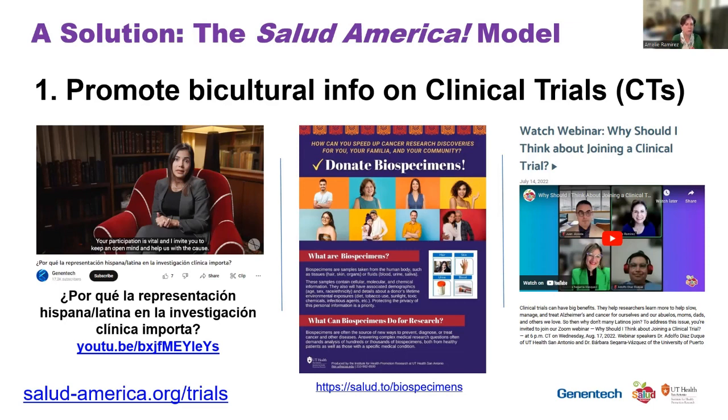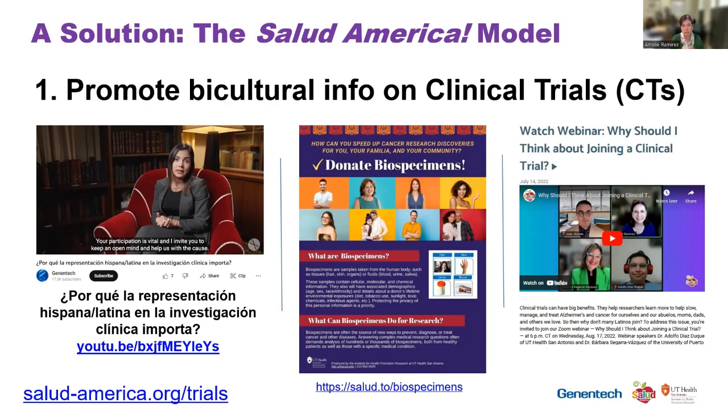We develop infographics for them that they can use. And then we also have developed webinars on different topics on clinical trials. And when we do the webinars, it's not only experts, but we also always want to try to include a patient, a clinician, individuals who are important in conveying the information that we want.